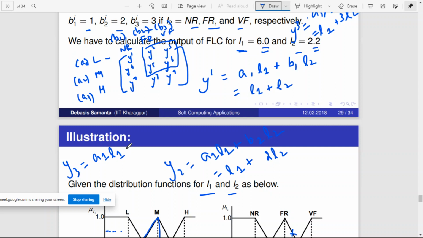So now we have all the W's and all the Y's. What is the formula you recall? Sigma Wi Yi divided by sigma Wi, right? So that is what we have to do next.